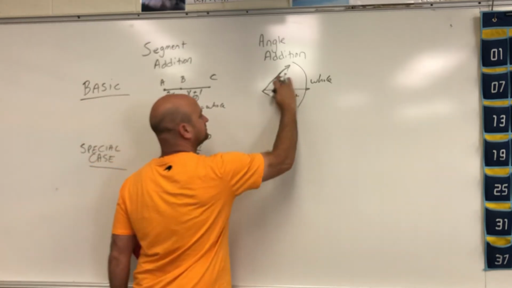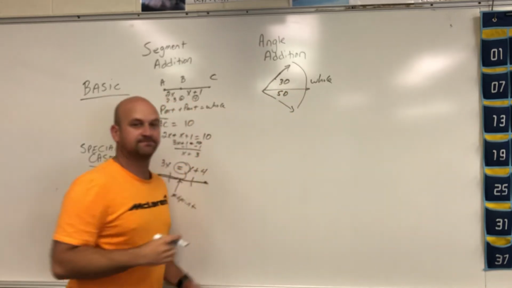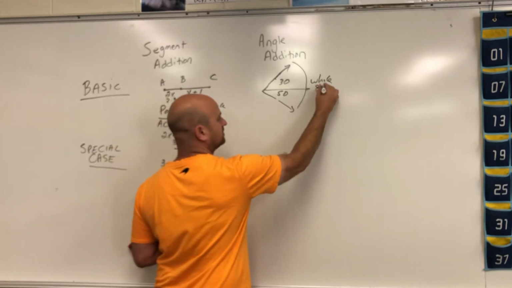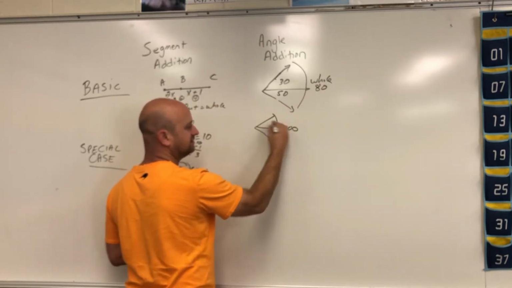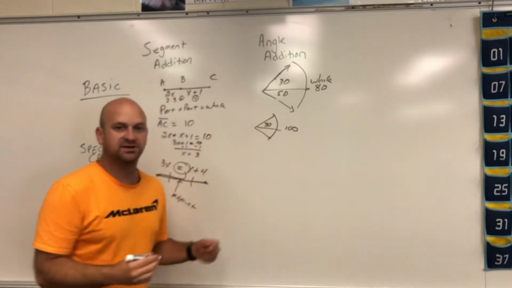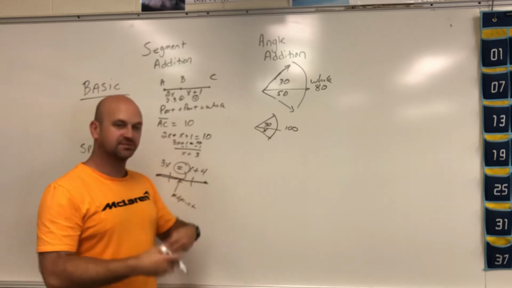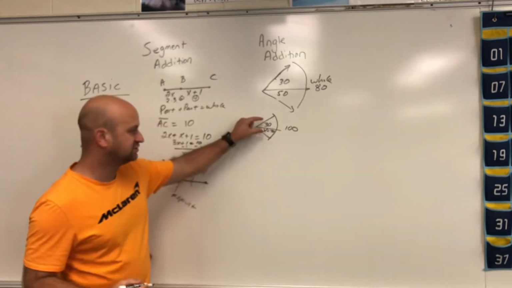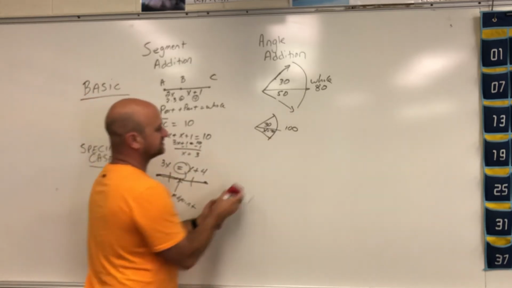For example, if this were 30 and this were 50, then the whole thing would be equal to 80. If we have another example where the whole thing is 100, and this part is 30, how much is this lower part? Well, 30 plus something equals 100, and that something is 70, because these two parts have to add up to that.